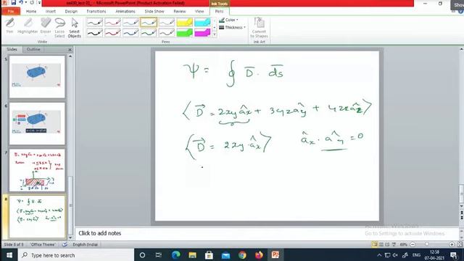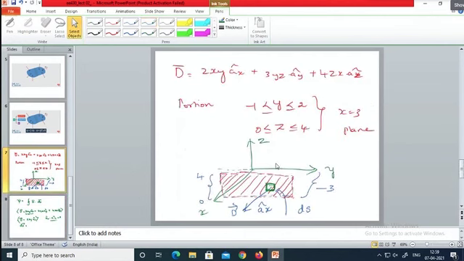Okay. Next, ds vector, that is the area. So I have to take the surface area. So what is the surface area of the portion that is given? How does it look? It looks like a rectangle, whose coordinates are also given. The coordinates which are varying are y and z.